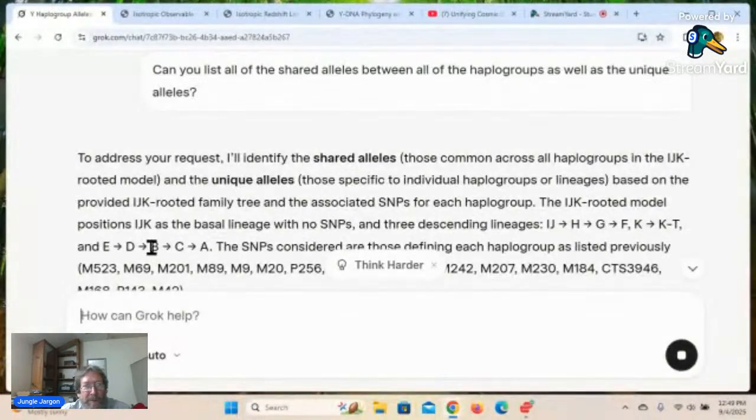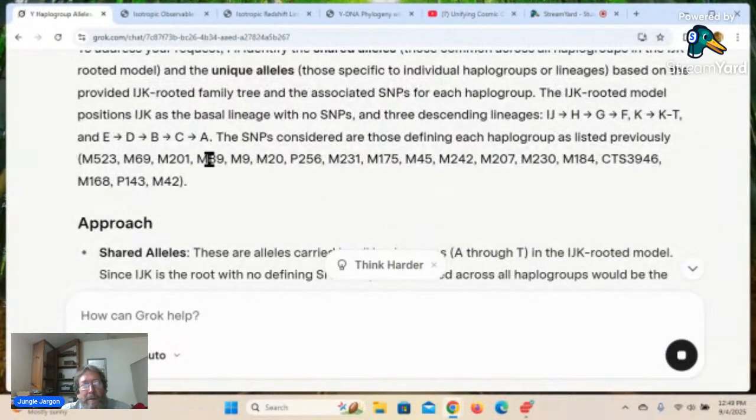The IJK rooted model positions IJK as the basal lineage with no SNPs. The three descending lineages are IJ, H, G, F, and K through T, and E, D, B, C, A. The SNPs are those defining each group as listed previously: M523, M69, M2, M89, M9.